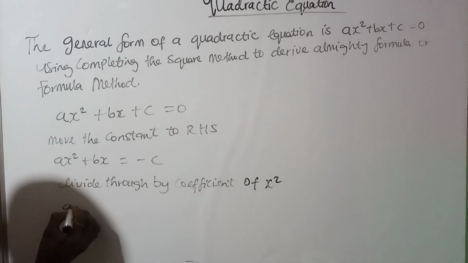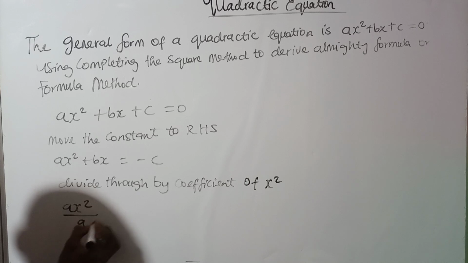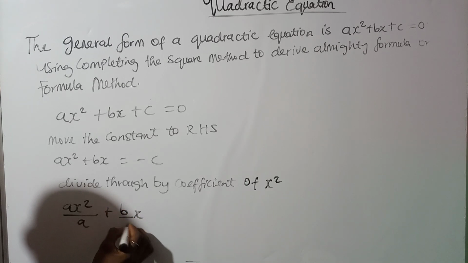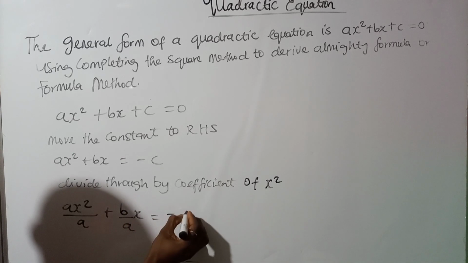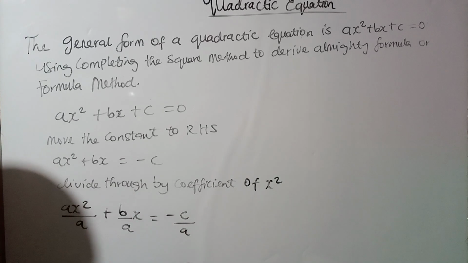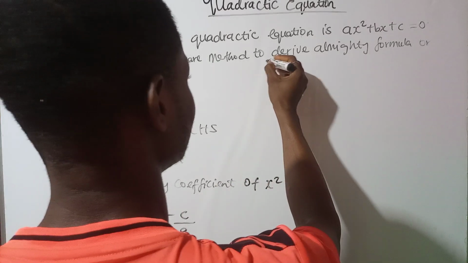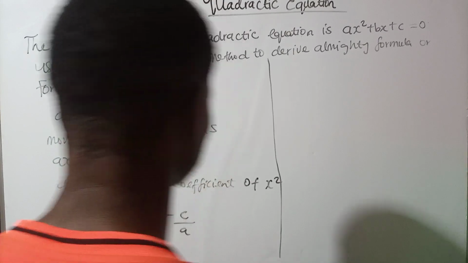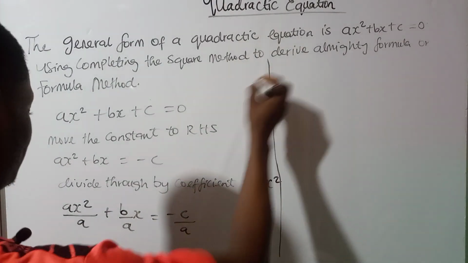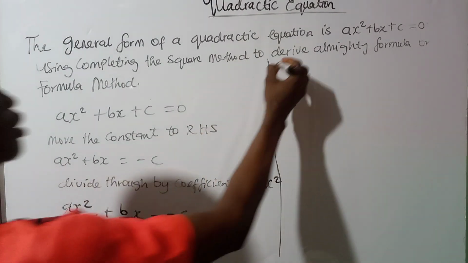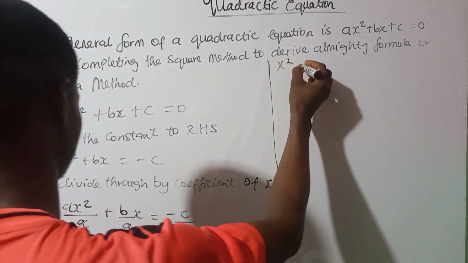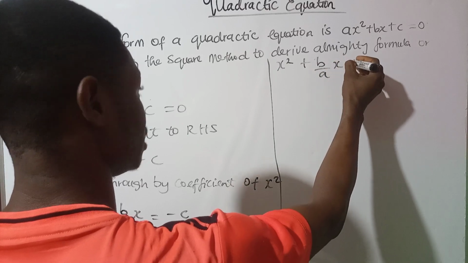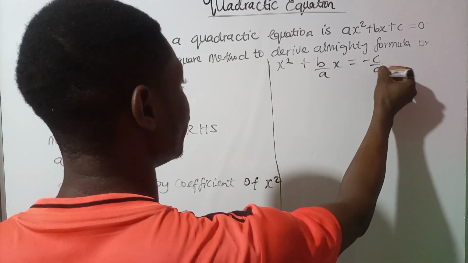So we are going to have ax squared all over a plus bx all over a is equal to minus c all over a. This one we cancel, so we are going to have x squared plus b over a x is equal to minus c all over a.